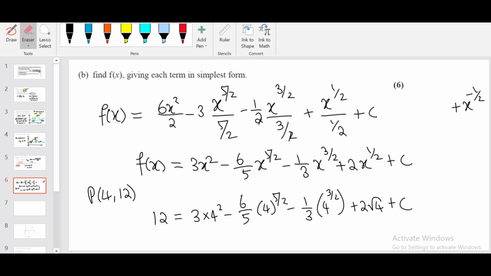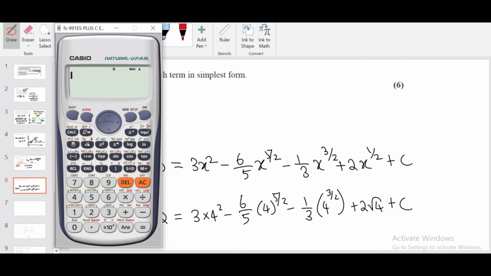So let me calculate this first. 3 times 4 square minus 6 over 5 times 4 to the power 5 over 2 minus 1 over 3, 4 to the power 3 over 2 plus 2 times root of 4. Root of 4 is 2, so 2 times 2 is 4.